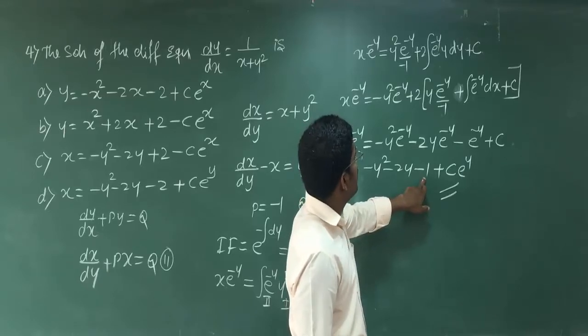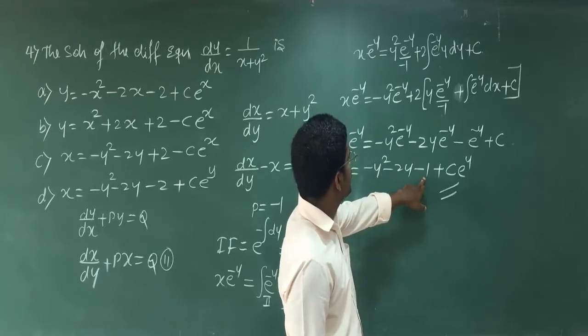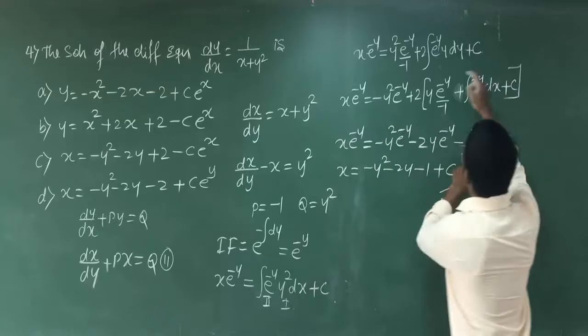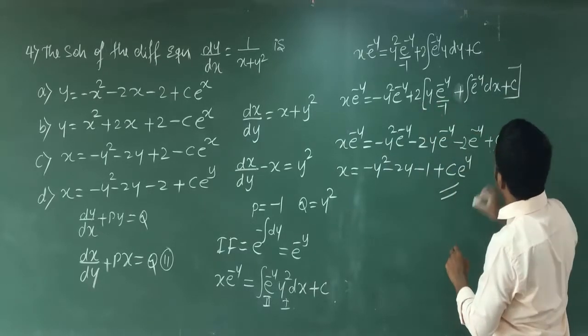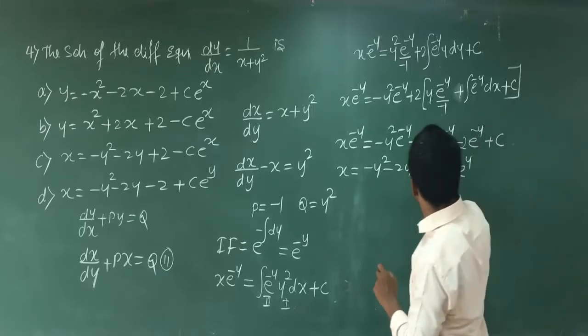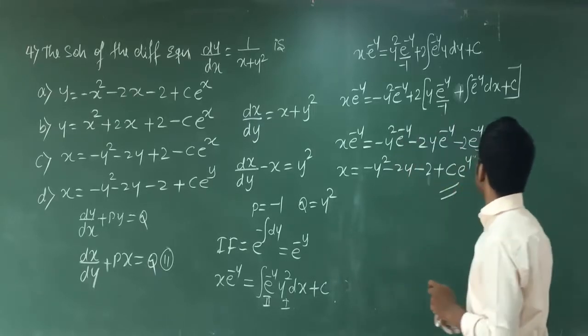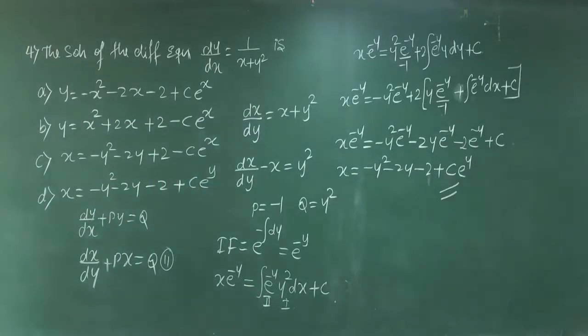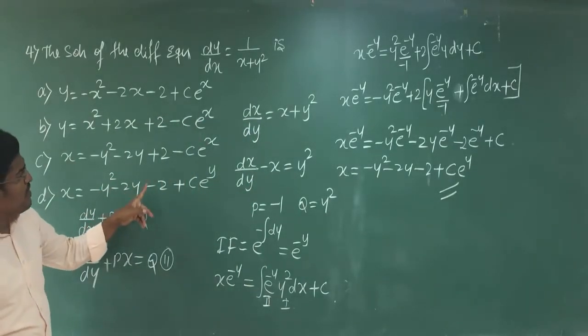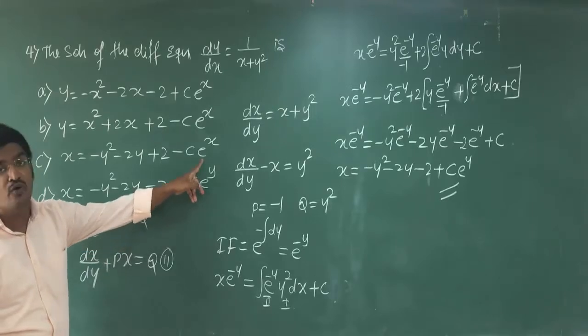Where is this minus 1 from? See here, 2 is multiplied to this, so it will be 2 into e to the power of minus y, so it will be minus 2. So the answer is minus y square minus 2y minus 2 plus c into e to the power of y.